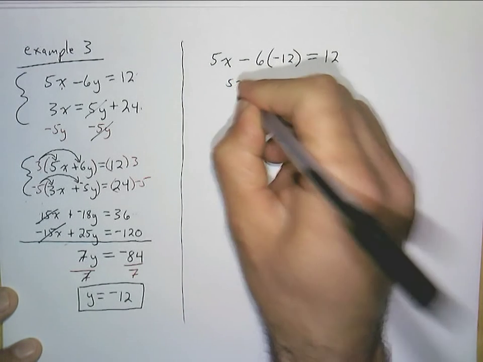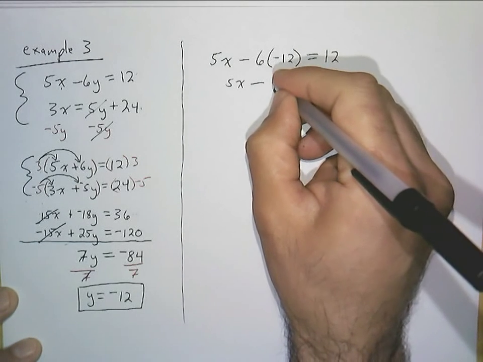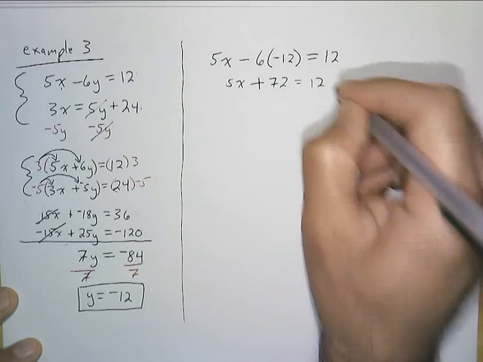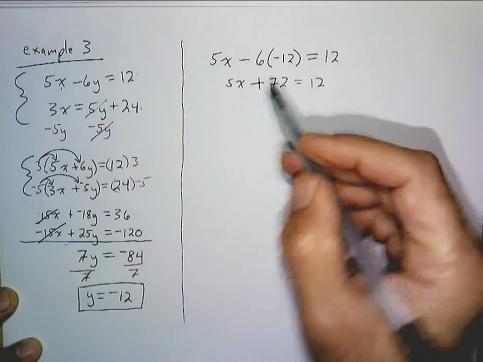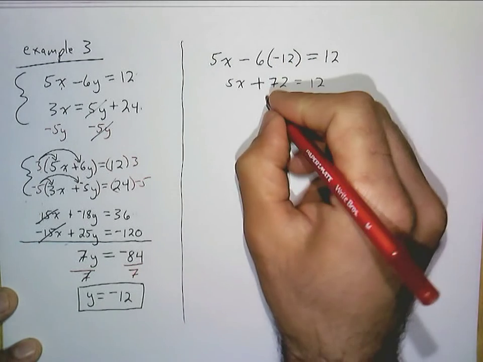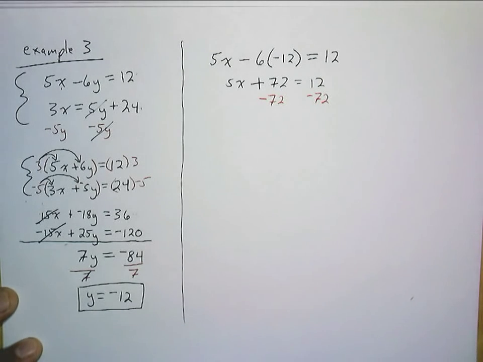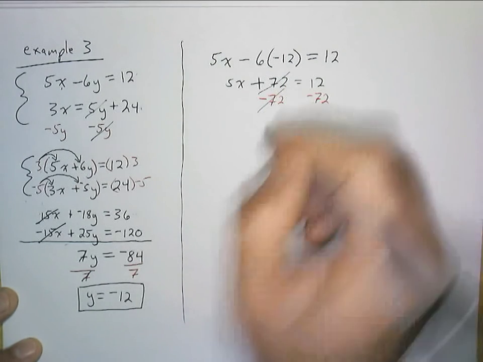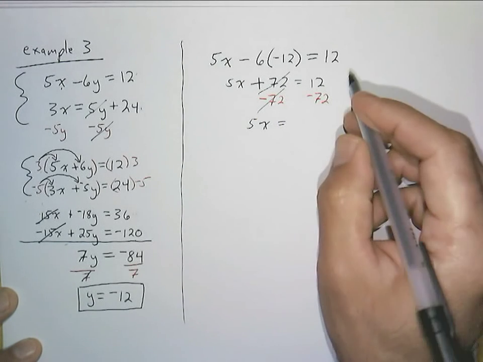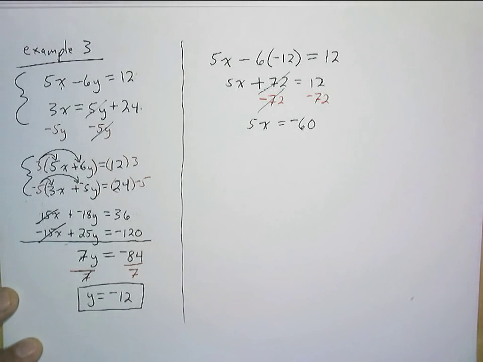Or 5x minus 6 times negative 12 is negative 72. So let's just write that as plus 72, because I hate subtractions. And now we just solve for x. We subtract 72 from both sides, because that's going to cancel out. 5x is equal to 12 minus 72, which is negative 60.